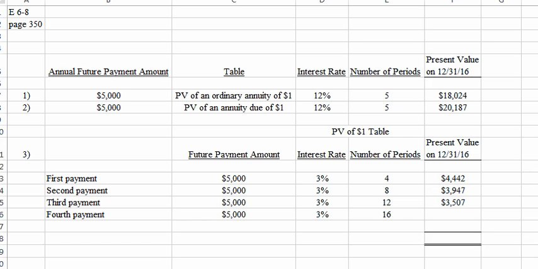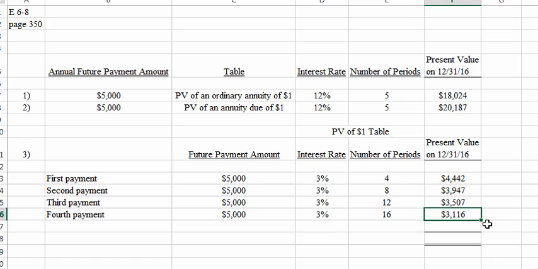We get 0.62317, times 5,000. Present value there is 3116. So 5,000 received 4 years from now, assuming interest is compounded quarterly at a quarterly rate of 3%, it's only worth $3,116 today.